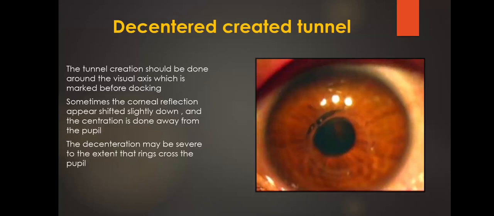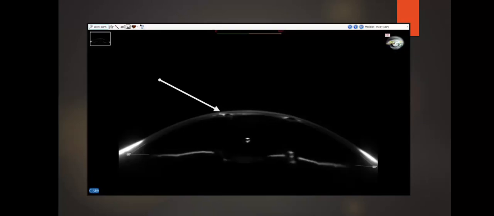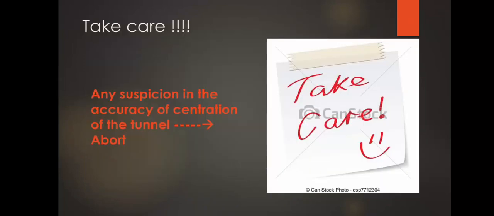This decentration may be severe to the extent of making rings cross the pupil, as in this photo. This Scheimpflug imaging shows the ring in front of the pupil due to tunnel decentration. Take care: in case of any suspicion in accuracy of the centration of femtosecond laser tunnel creation, you should abort the technique.